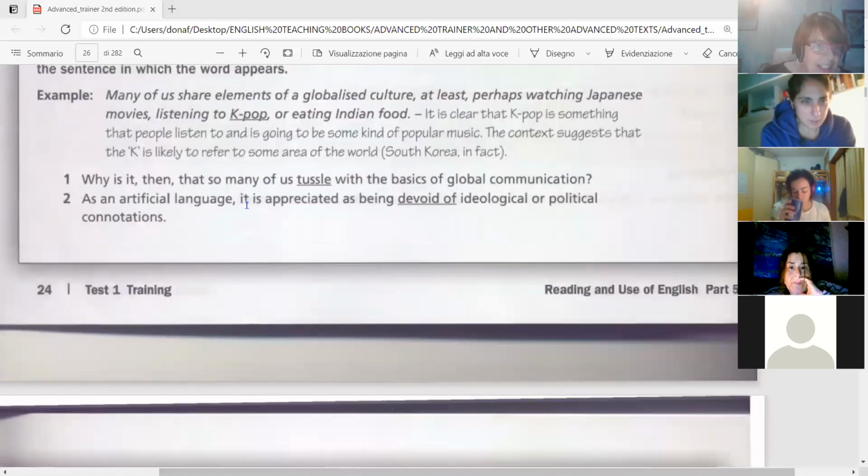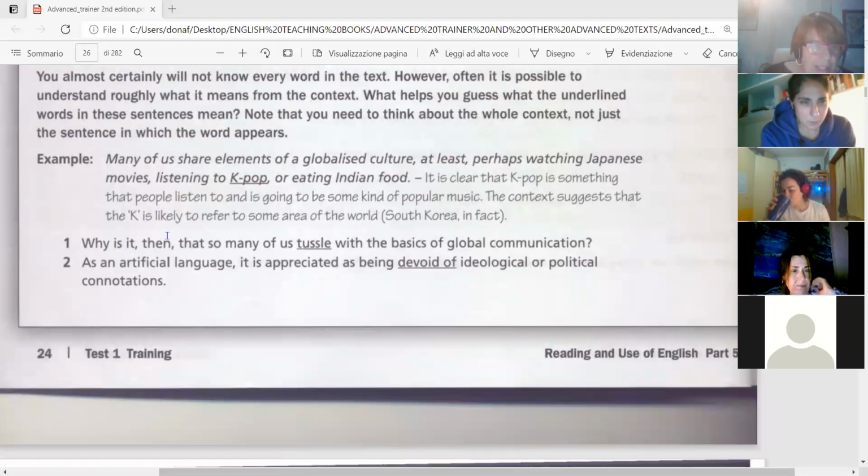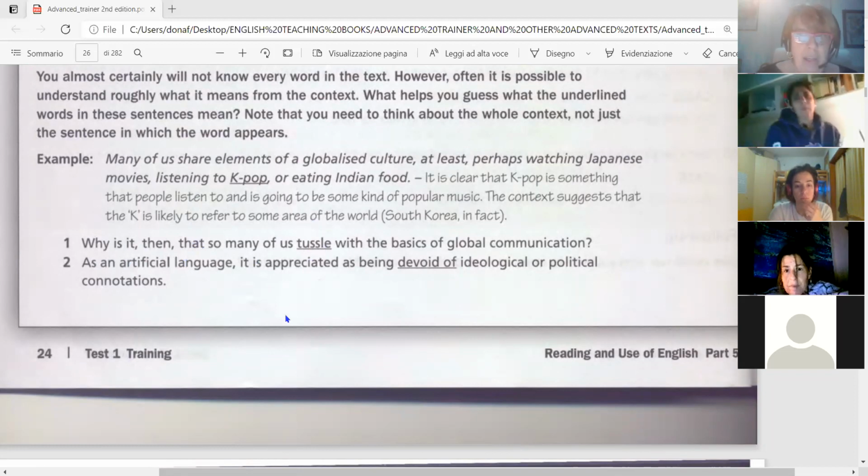Okay, let's get into it. Working out meaning from context. Here we have very difficult words, they are not difficult, they are completely unusual. So try to read number one, Francesca, and try to understand from the context what this tussle means.